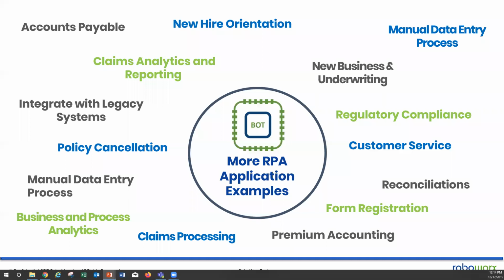So here are some more examples of what the robots can do, and I couldn't even fit them all on a slide because there are so many. These are some of the more popular ones. Accounts payable, I mentioned. HR, new hire orientation, is another example. I'll talk a little bit more about that in a moment.